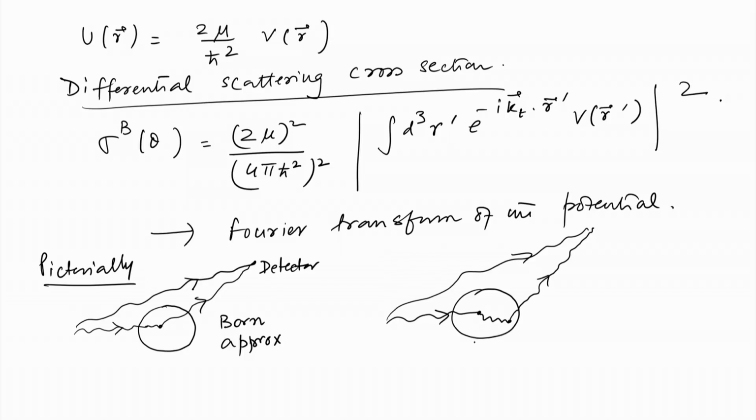So there are two scattering events, and there are multiple scattering events which are beyond the Born approximation. This is quadratic in the potential.